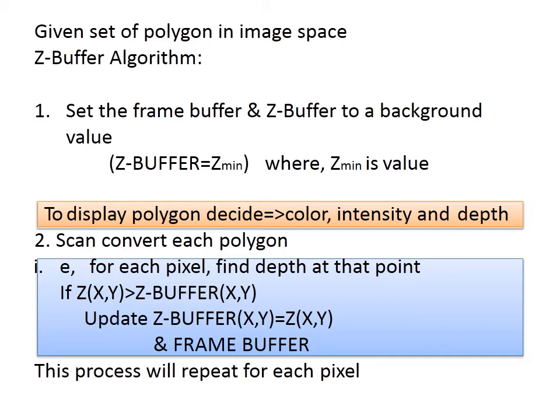So it is one of the commonly used methods for hidden surface detection. It is an image space method, and the time complexity is the number of pixels times the number of objects, and the space complexity is 2 times the number of pixels, because 2 arrays of pixels are required, one for the frame buffer and the other for the depth buffer.